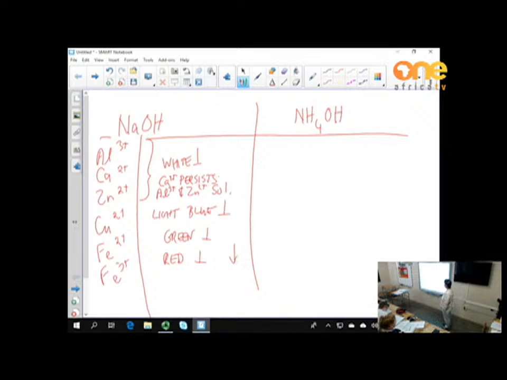Then we said there's a second set of tests that we can do because this test does not distinguish between aluminium and zinc. So to distinguish between aluminium and zinc, we will get a white precipitate. On excess, which one dissolves?